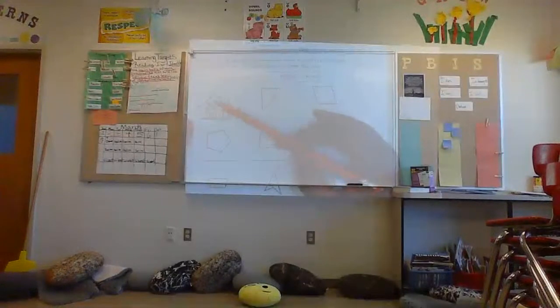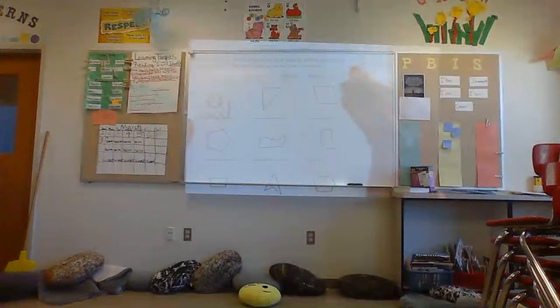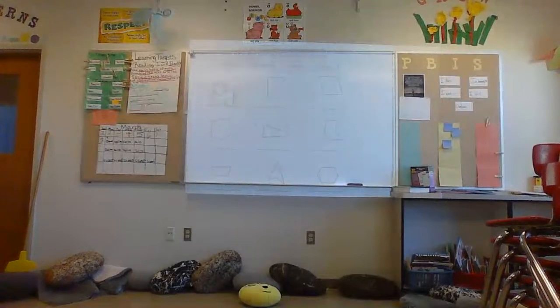Okay, so know that if this was a rectangle, that shape would still be a rectangle, but it could go in the shape category of a quadrilateral because it has 4 sides and 4 angles. So know that too, scholars. That part kind of gets confusing, but just keep thinking about that idea that it could go in a shape category, and it could have a specific shape name.